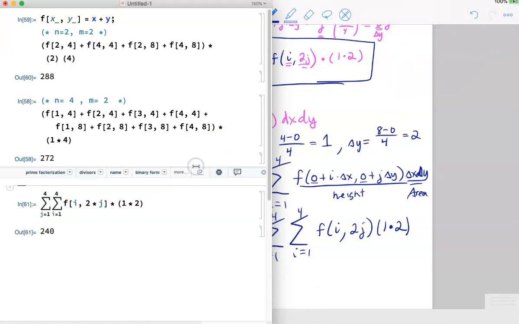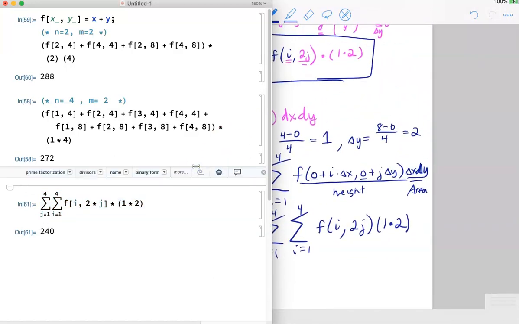Okay, so for example, if we wanted to do that same problem, the integral from 0 to 8, but we wanted to split the region into maybe 8 pieces in the x direction and maybe 16 of them in the y direction, we could easily have gone summation, summation.